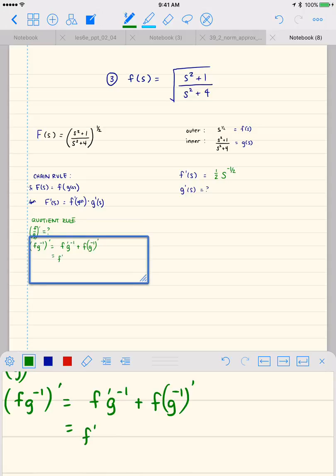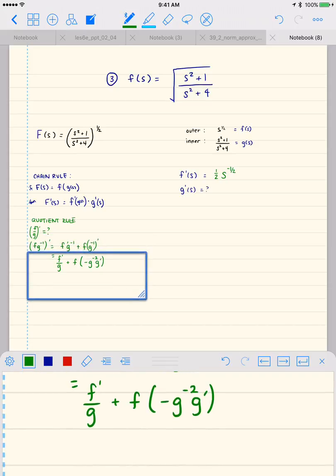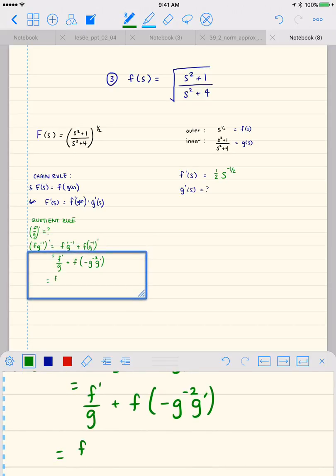And now I'll have f prime over g, because that's what g to the negative 1 sounds like. And now I'll have plus f times, this will be negative g to the negative 2 g prime. Okay, so I actually just used the chain rule there. So I have f prime g minus f g prime over g squared.